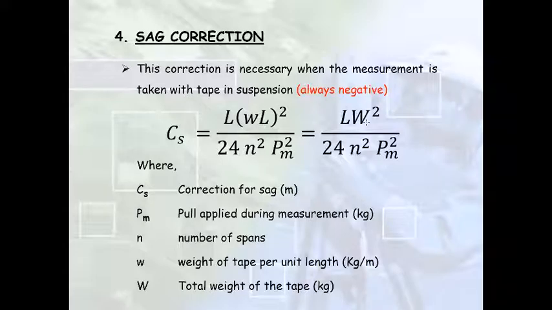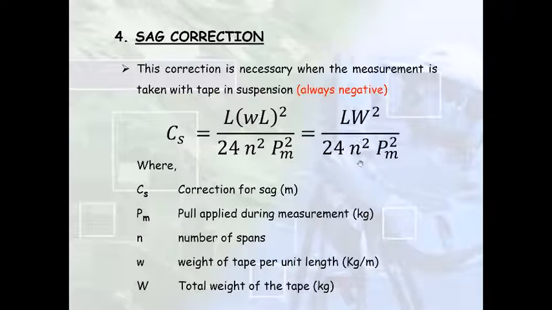So you need to always convert that into total weight by multiplying that weight per unit length by the total length of the tape, and that would give you the total weight of the tape. And since the sag is actually a function of the self weight, that means we need to take care of this factor of weight, divided by 24 n squared. This n is the number of spans.